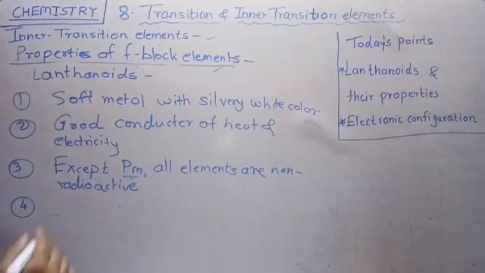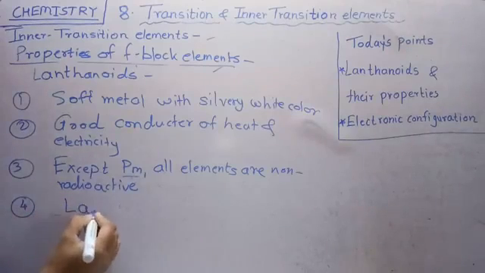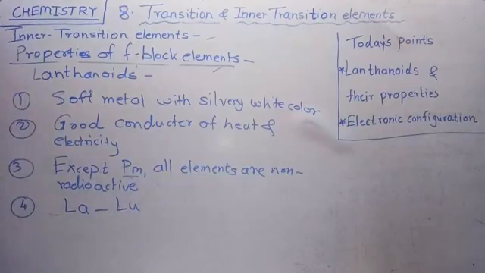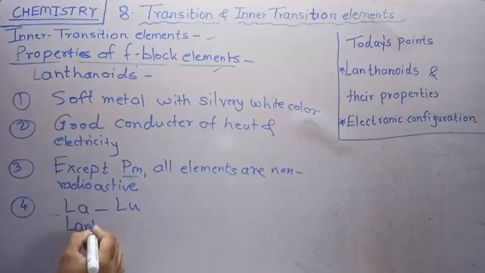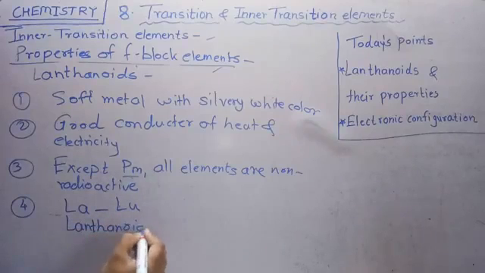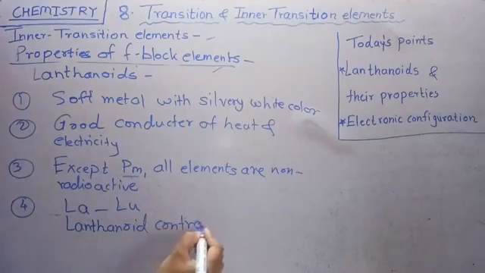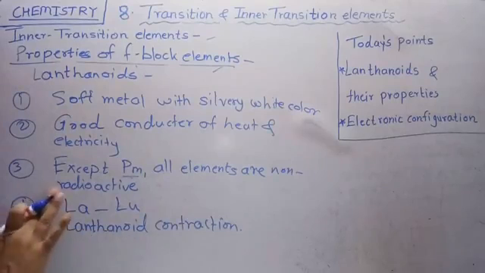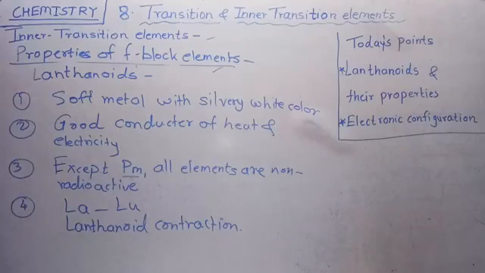Next property, their atomic and ionic radii. Their atomic and ionic radii decrease from lanthanum to lutetium, and this gradual decrease in atomic and ionic radii is called the lanthanoid contraction. This lanthanoid contraction is again given in brief in the next topic.